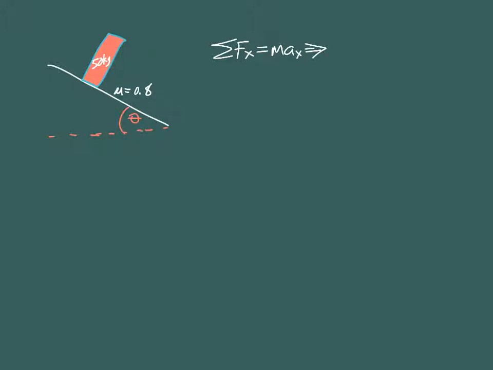Well, if you remember from our previous work, some fraction of the weight force is directed along the ramp, and ends up being a sine instead of a cosine because we tilted our axis, and fighting that would be the force of friction.